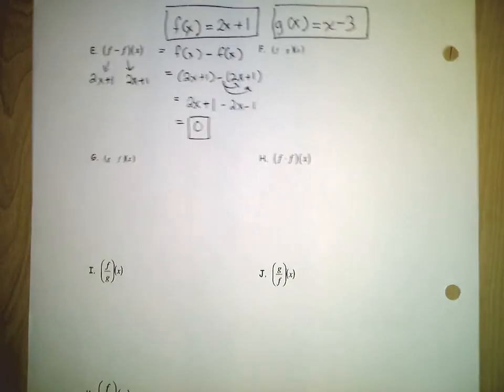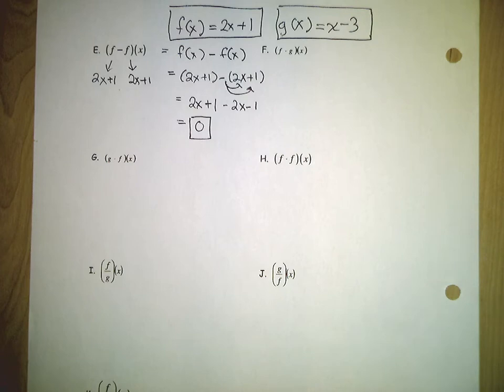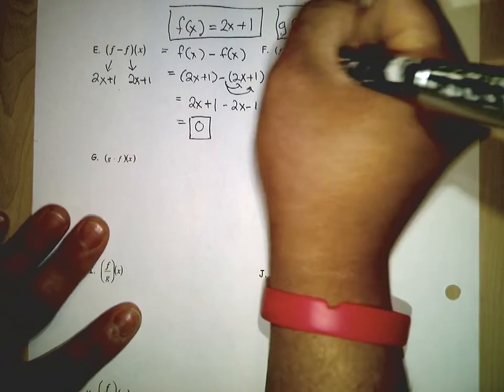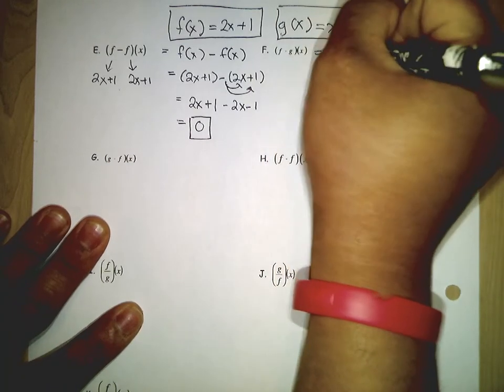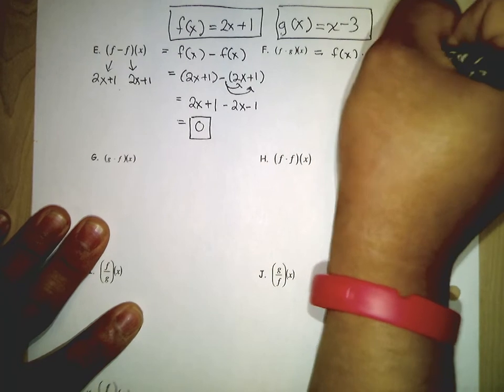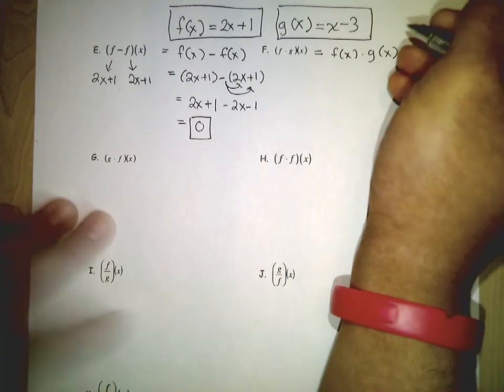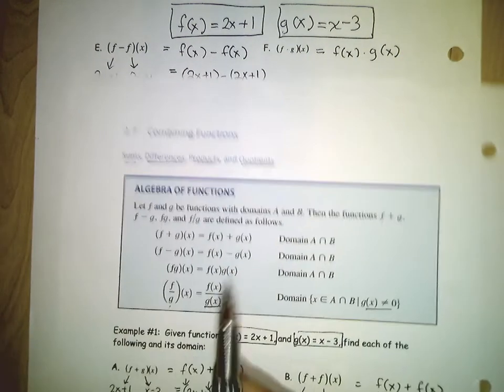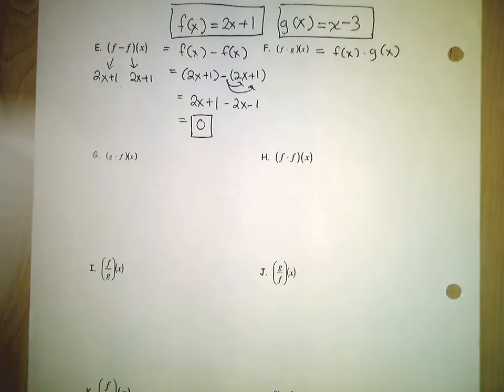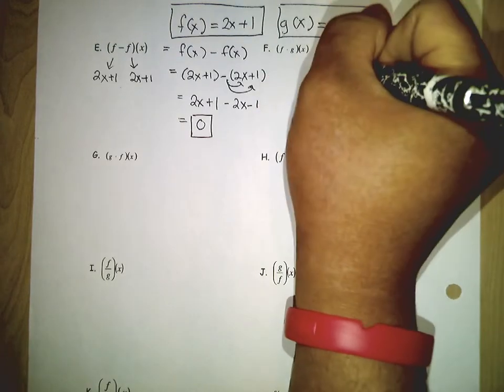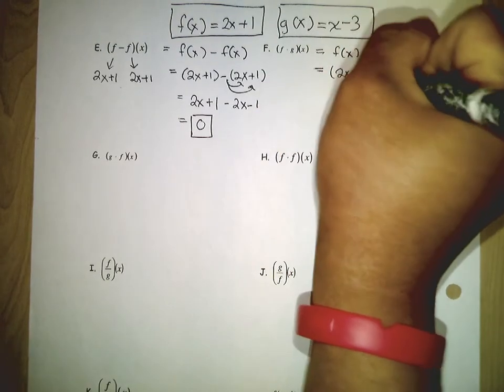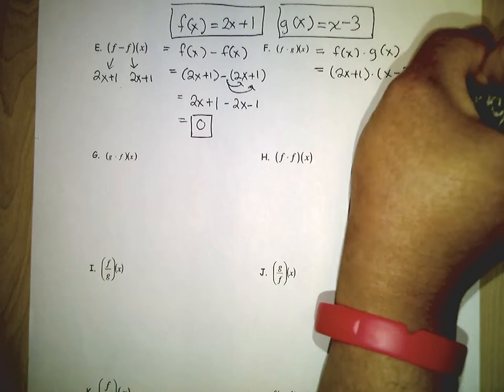So this actually ends up just being a number, 0. All right, so page 1, I think it's still the same page. So f times g of x, f of x times g of x. I'm following the rules from the previous page in terms of the notation, and f was 2x plus 1, g was x minus 3.